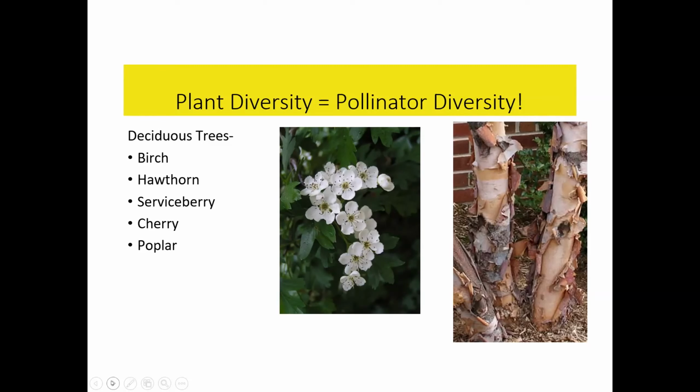They're all native. So birch, hawthorn, serviceberry, cherry, poplar, these are all important food plants. And what's nice about birch trees is a lot of species of birch have exfoliating bark. And this is a good place for egg laying. It's a good place to overwinter, a place to pupate. So that provides shelter for a lot of our pollinating species.